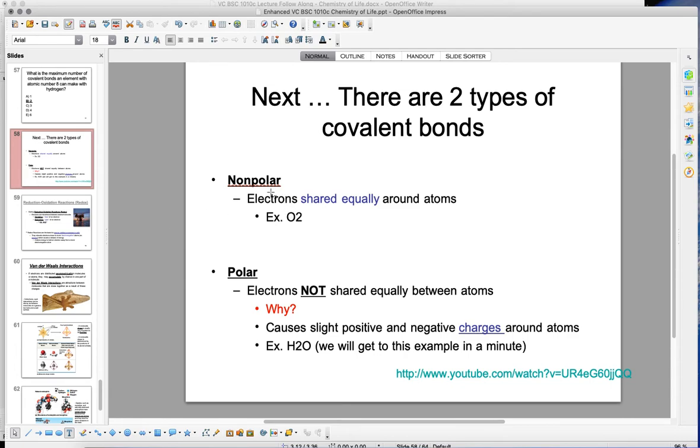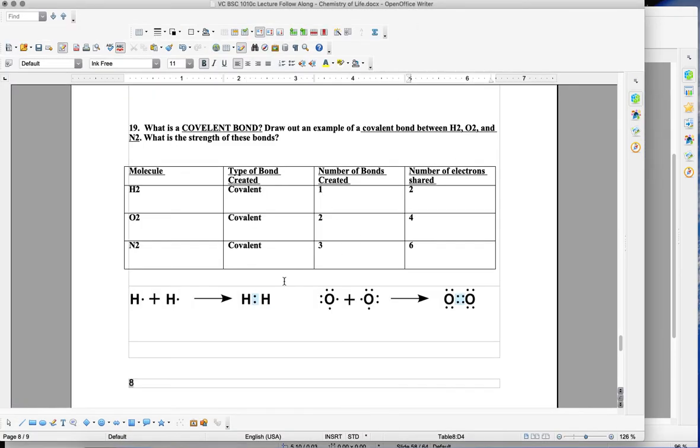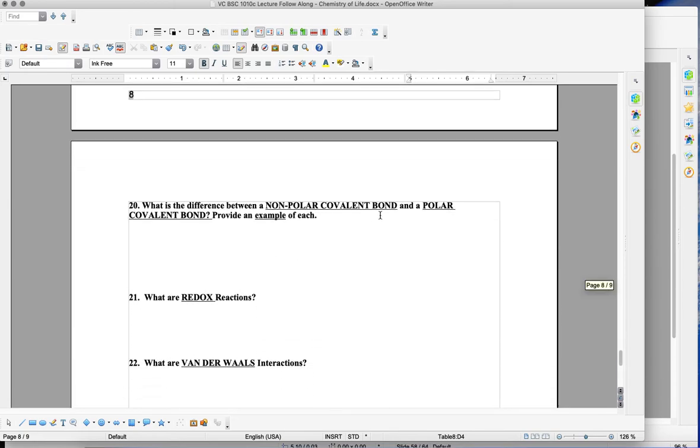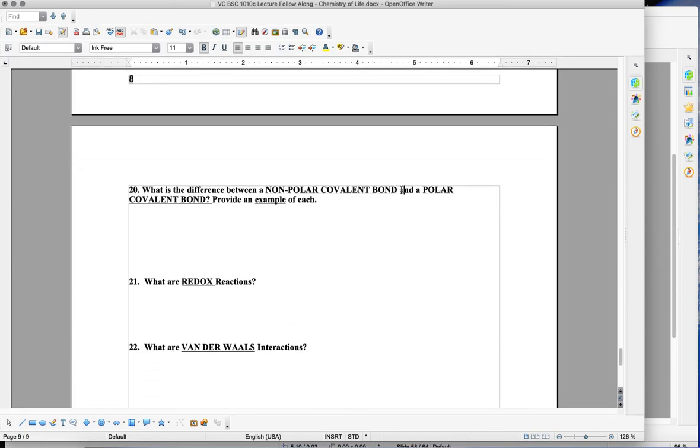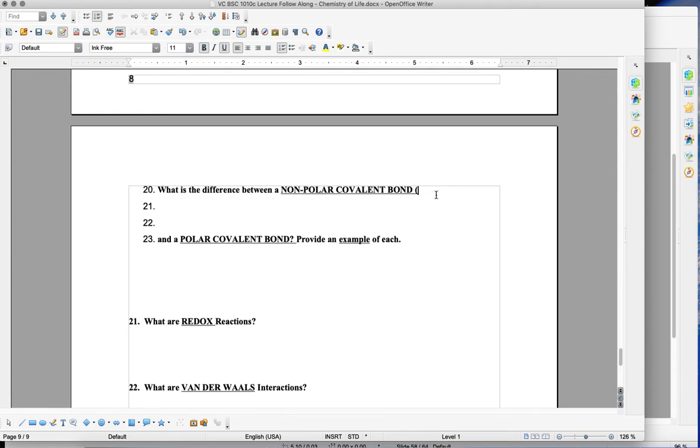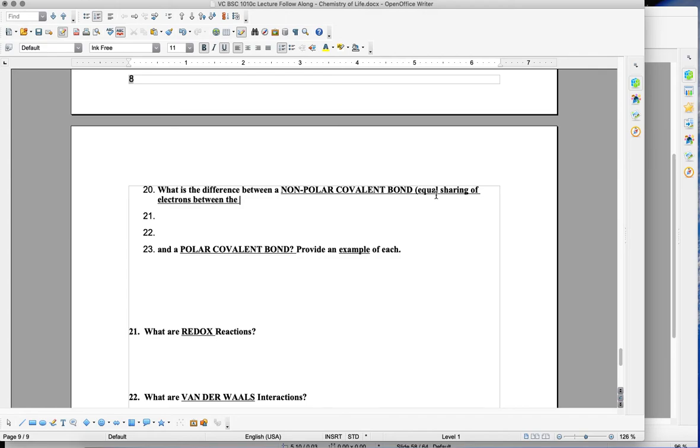What is the difference between non-polar and polar covalent bonds? Non-polar is equal sharing of electrons between the atoms involved. An example would be O2, N2, H2, all those that we looked at.